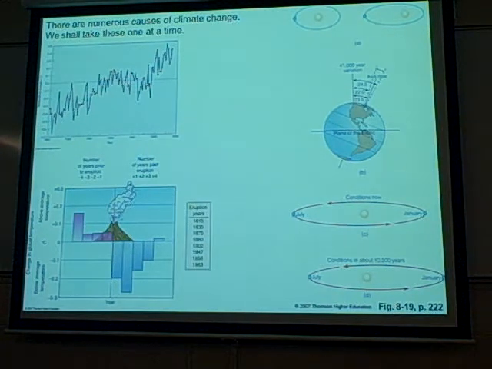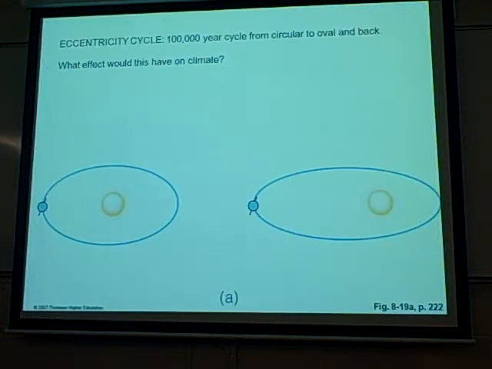So there's a number of different causes of climate change. We'll look at a bunch of these. The eccentricity cycle, right? When we started off the class, we talked about Earth going around the sun. Well, every 100,000 years, the Earth goes out a bit further from the sun. This is a long period change, and you can imagine what effect that would have on climate.